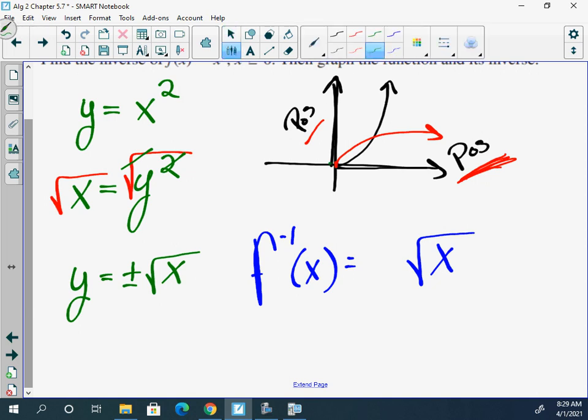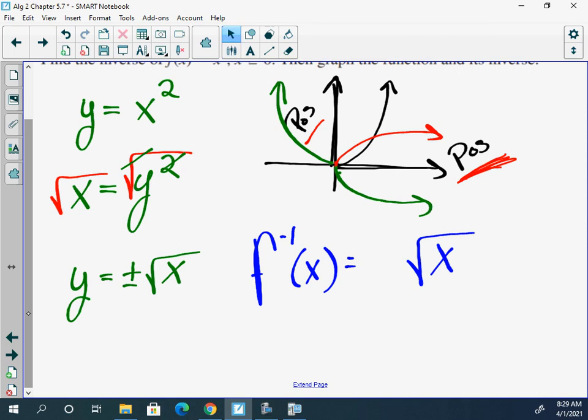Now, if we had included the negative side here, its inverse would have gone this way here. If we would have included it. But as we can see there with the red and green graph, that does not pass the vertical line test, so it's not a function.